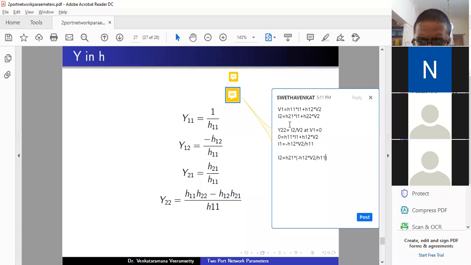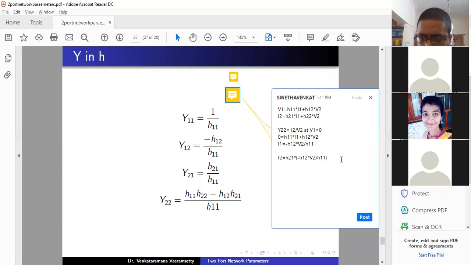Now I2 equal to H21 into I1 plus H22 multiplied by V2, right? From the above equation, take V2 common. If we take V2 common, then we have minus H21 multiplied by H12 divided by H11 plus H22.